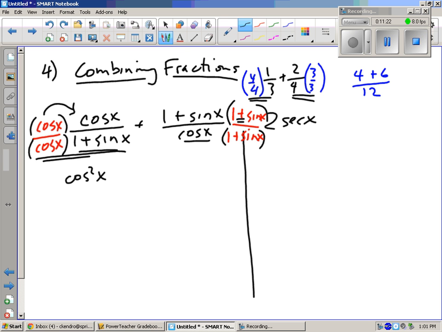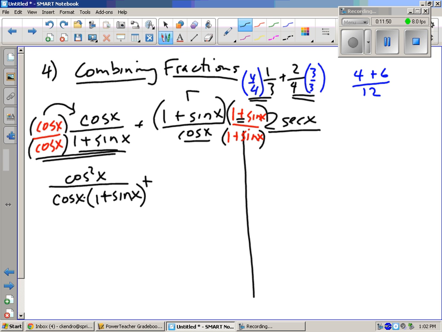Here, I am going to ask you not to distribute, because once you distribute, you make it addition, which you can't cancel. If I leave it multiplication between these two, I might be able to cancel something out. And because I only have 2 secant over here, it doesn't look like my denominator is going to want that 1 plus sine x in there. All right, let's go to the other side.